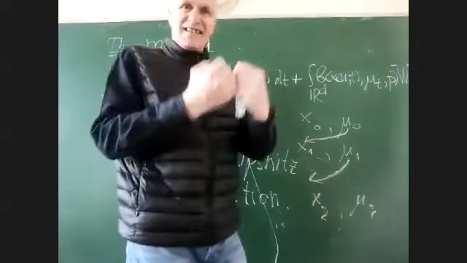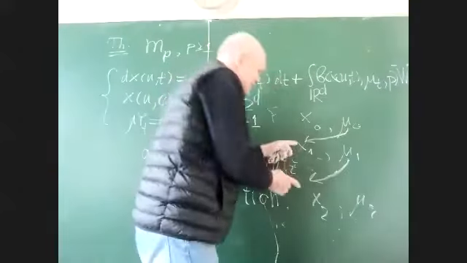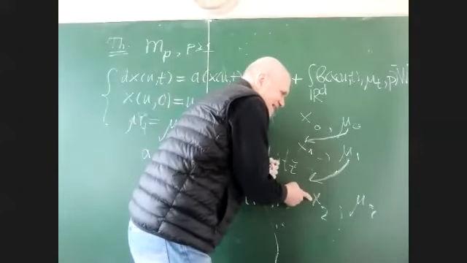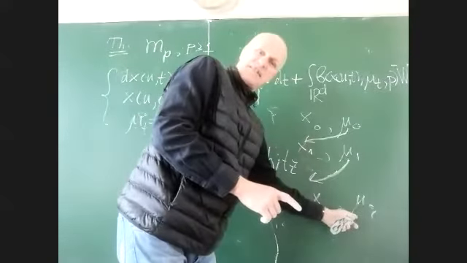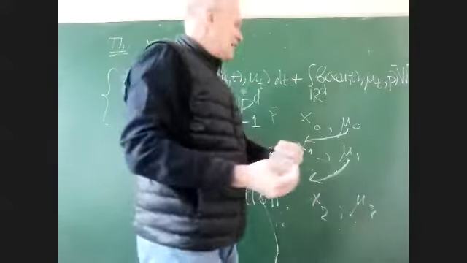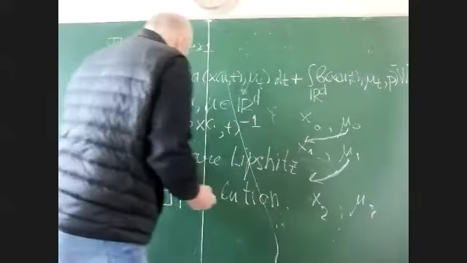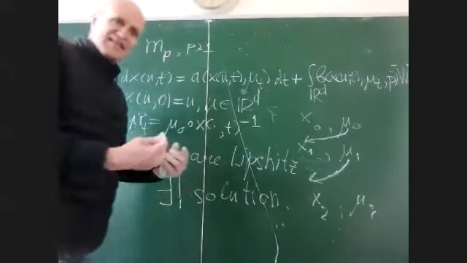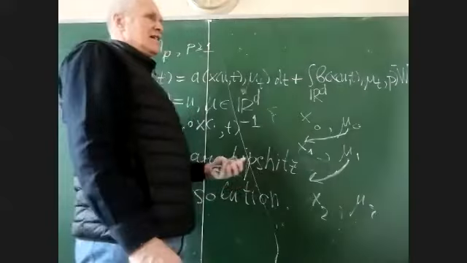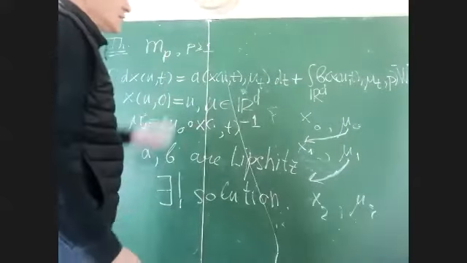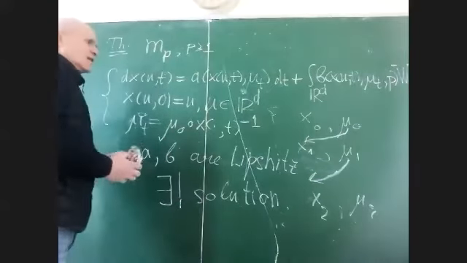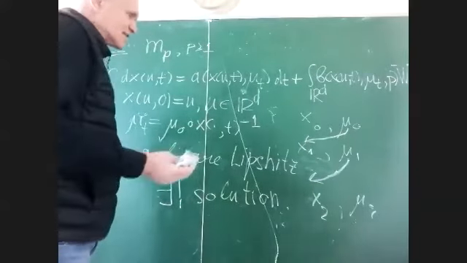And as I told you, the distances between the flows give us an estimation for the distance between the measures, because the measures are the images of the initial measure. This is the idea. It can be realized, and we know now that our equation has a unique solution.